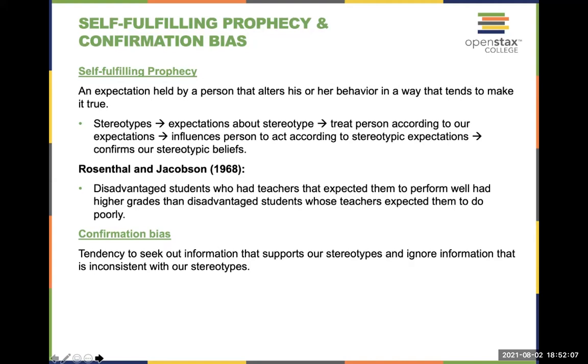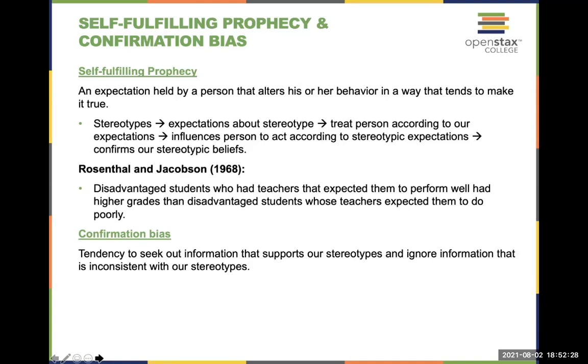Then there's the idea of the self-fulfilling prophecy, right? That's where an expectation that's held by a person alters his or her behavior in a way that tends to make it true. So in other words, stereotypes move forward to expectations about the stereotype. You treat the person according to that stereotype or that expectation.